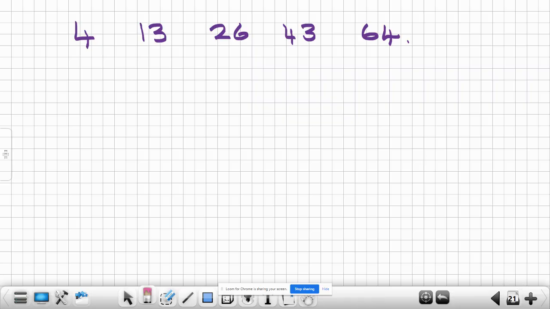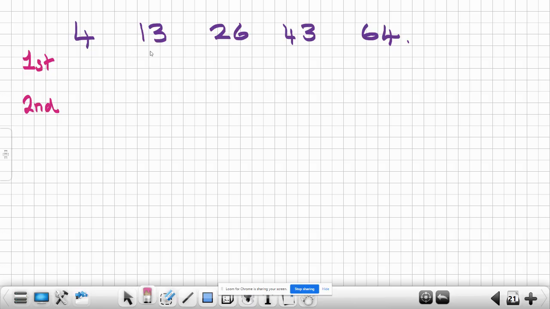So another quadratic sequence. Now, I'm saying it's a quadratic sequence because I've written it, but we can prove it's a quadratic sequence. If we're not told, we know that if the second difference is constant, then it is a quadratic sequence. So let's see.